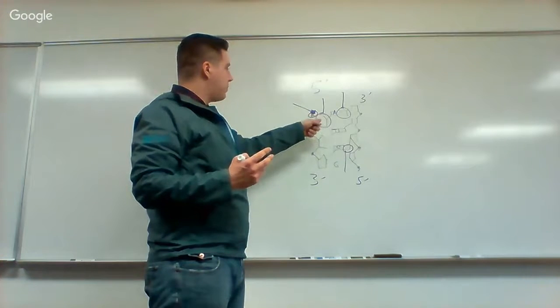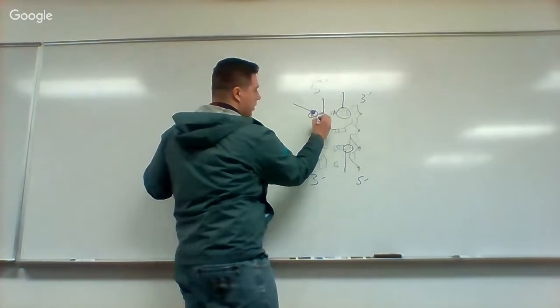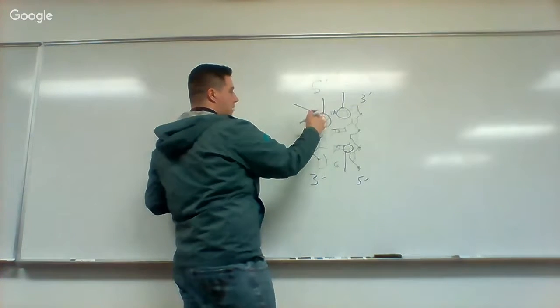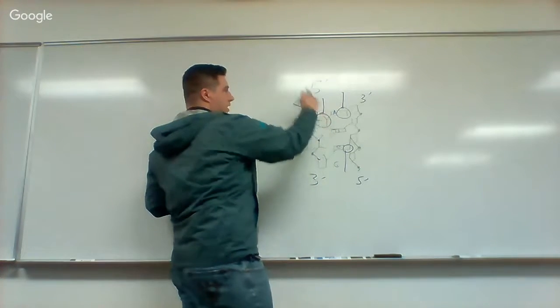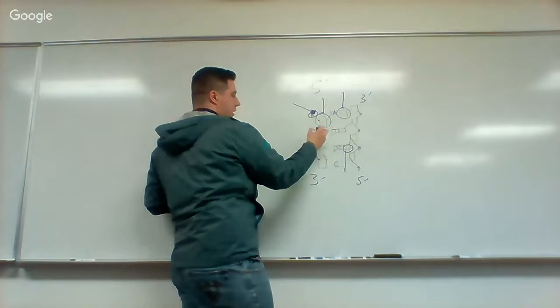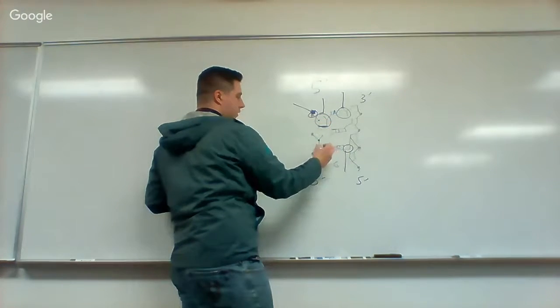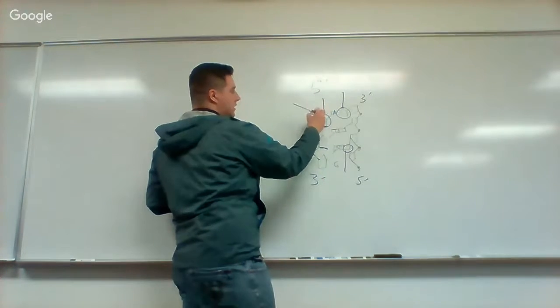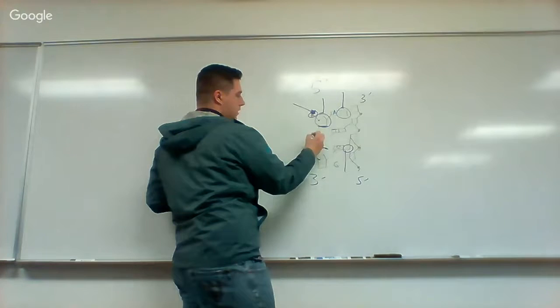The 5 prime carbon, which is right here, is on this side of the deoxyribose, and the 3 prime carbon is on this side down here. And so, oh, sorry, the 5 prime is up here.